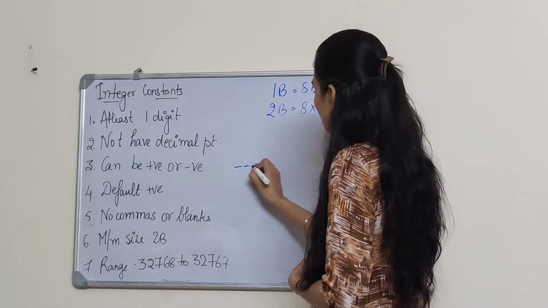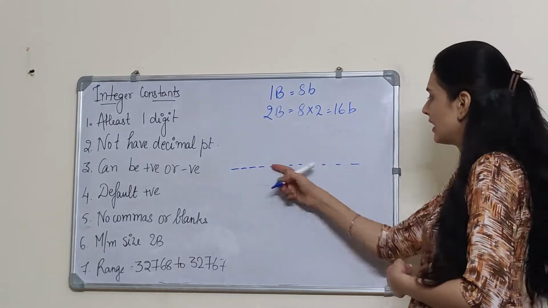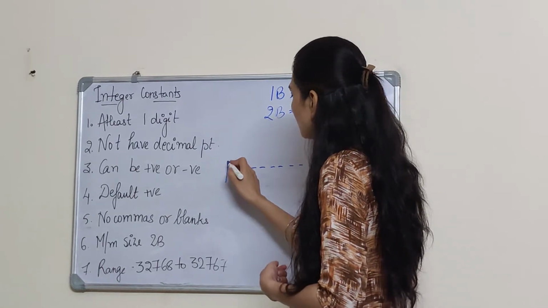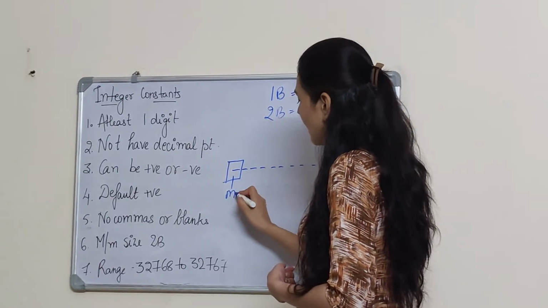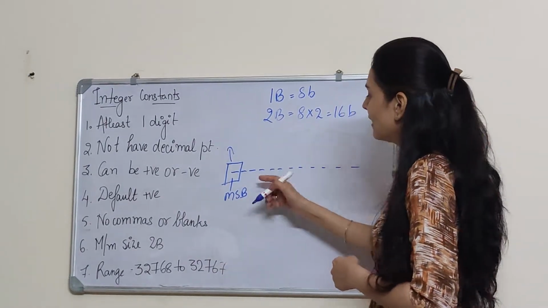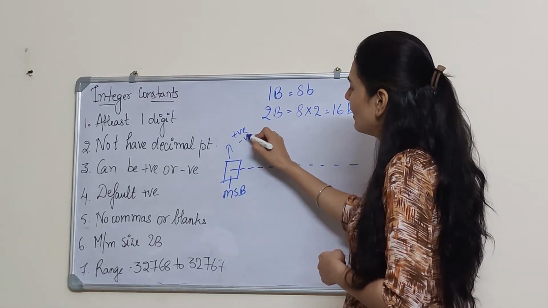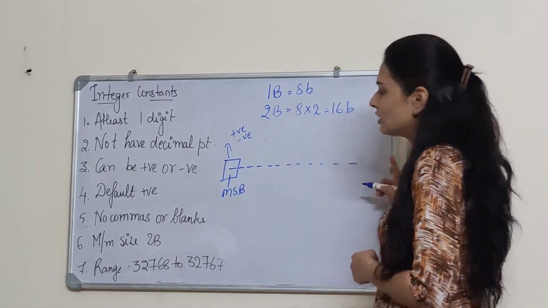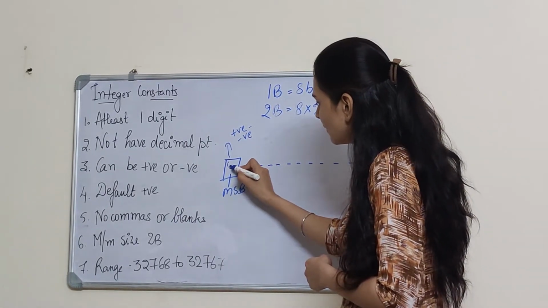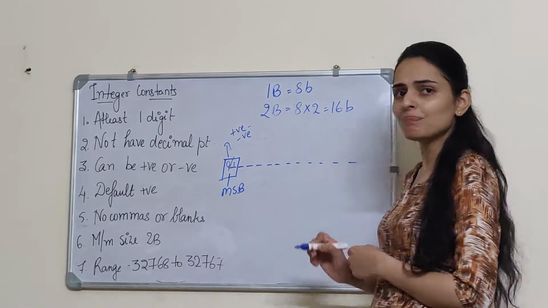So we will have 16 memory cells given for an integer constant. Out of these 16, the most significant bit, that is the leftmost bit, will be assigned for defining whether this constant is positive or negative. If the integer constant is positive, then this bit value will be 0, whereas if it is negative, then this bit value will be 1.